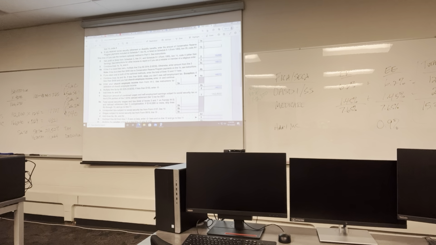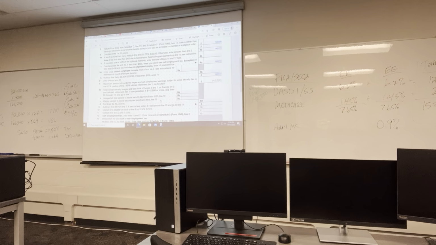No tips there. Wages subject to Social Security tax: add lines 8A, 8B, 8C, there's nothing there. Line 9, subtract line 9D from line 7, 42,800. Multiply the smaller of line 9 or line 6.